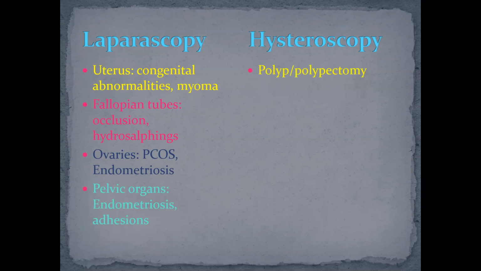Hysteroscopy we perform for the diagnosis of polyps, and in parallel we perform polypectomy if a polyp exists in the uterine cavity.